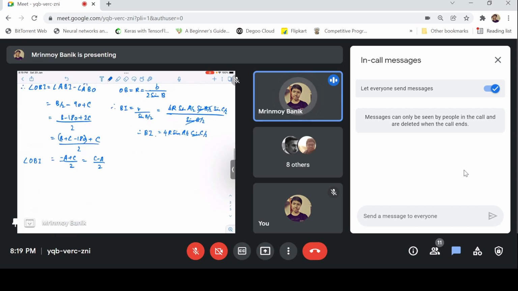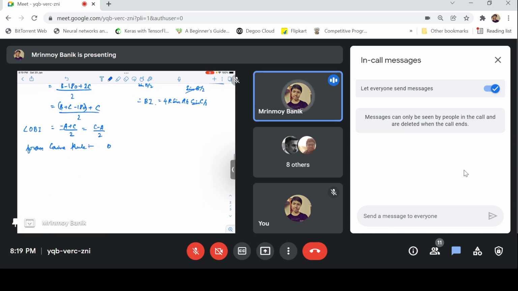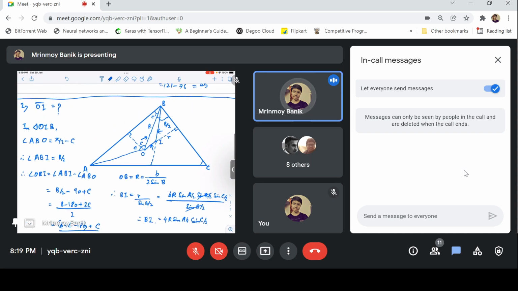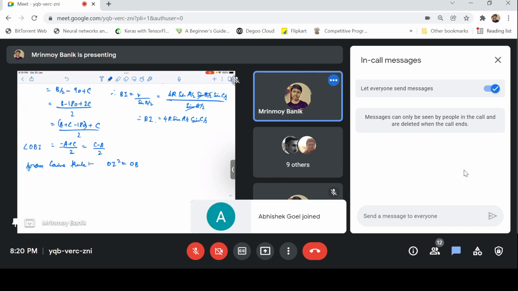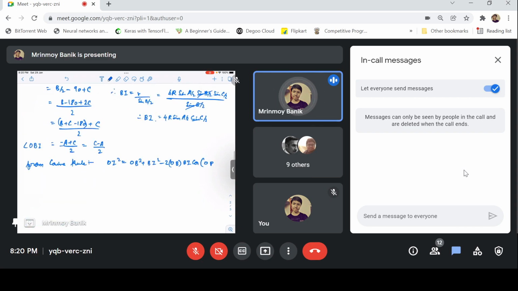So now we are in a position to apply the cosine rule. From the cosine rule, we have OI squared equals OB squared plus BI squared minus twice OB into BI times cos of that angle OBI.